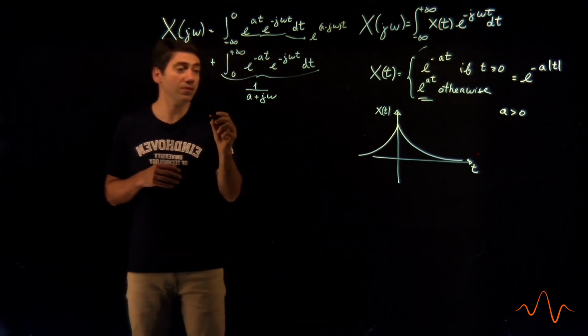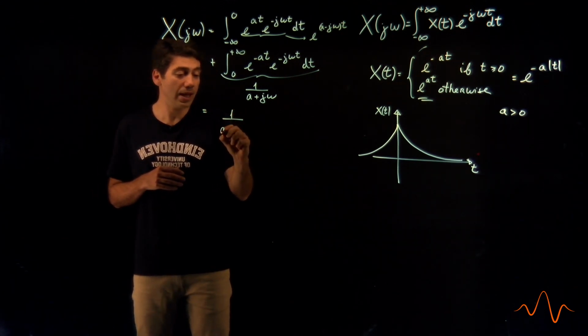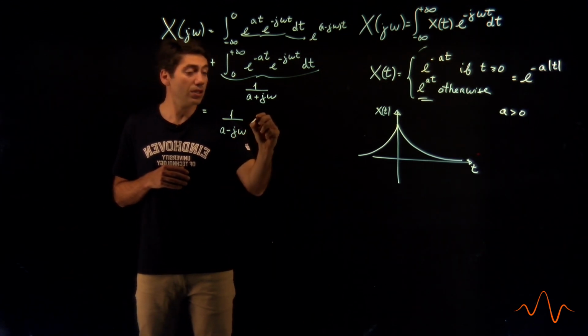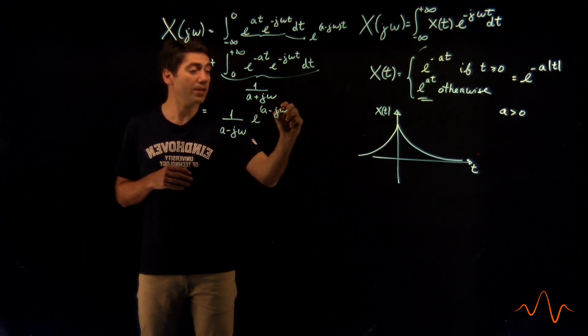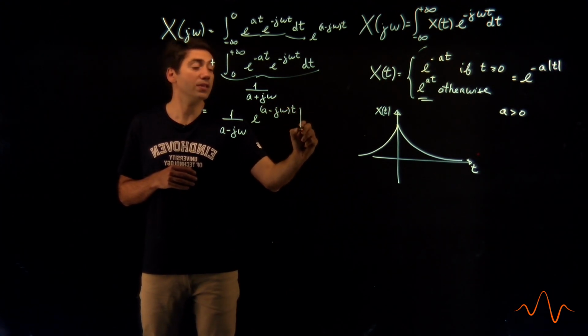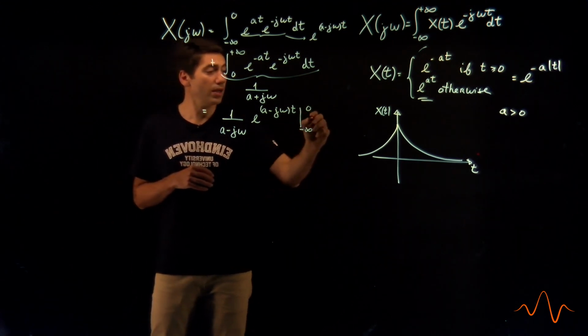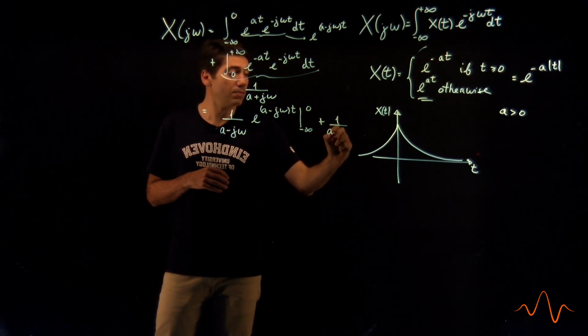We need to take the primitive, so it's going to be equal to 1 over (a minus j omega) e to the power of (a minus j omega) t, and we have to evaluate this at minus infinity and 0. And then we get plus this term over here, which is 1 over a plus j omega.